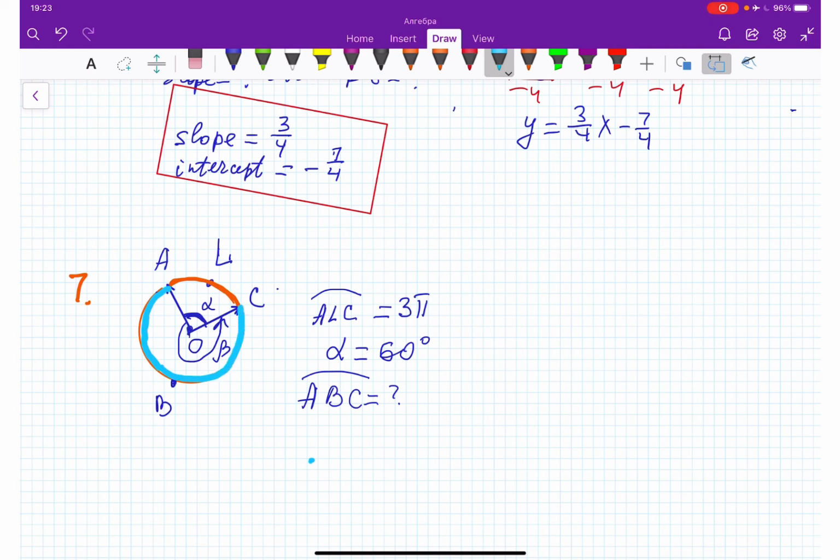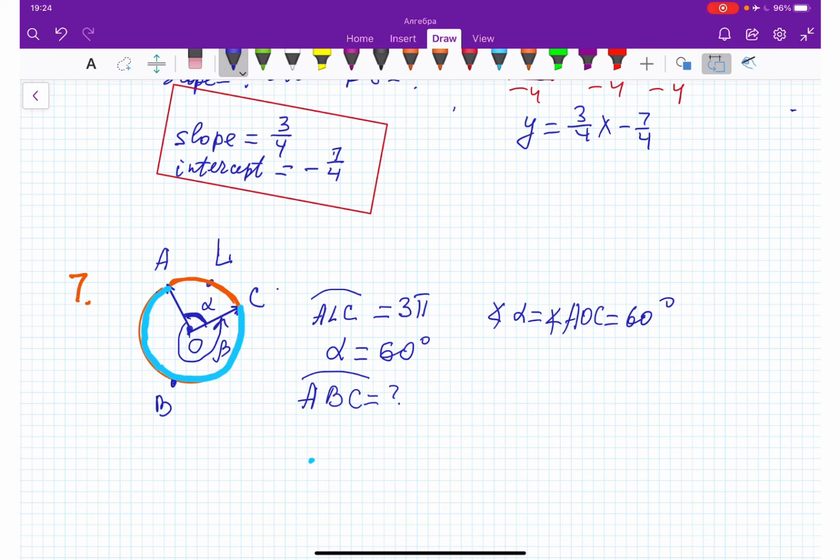How are we going to find it? Let's see. Alpha, which is angle AOC, is equal to 60 degrees.